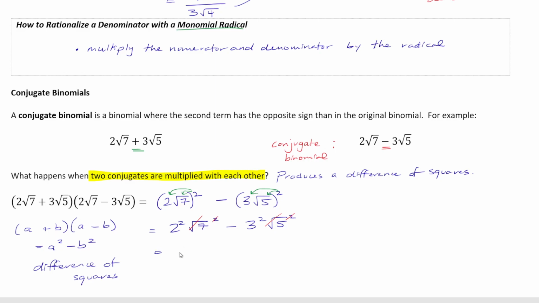So then I have 4 times 7 minus 3 squared, which is not 3. 3 squared is 9, 9 times 5. So 4 times 7 is 28 minus 45, and the answer there is negative 17.